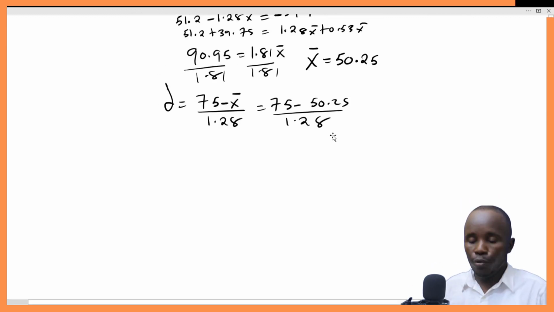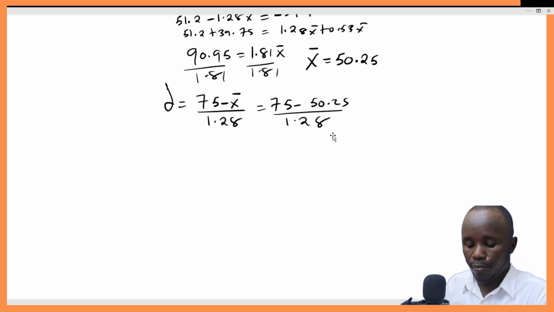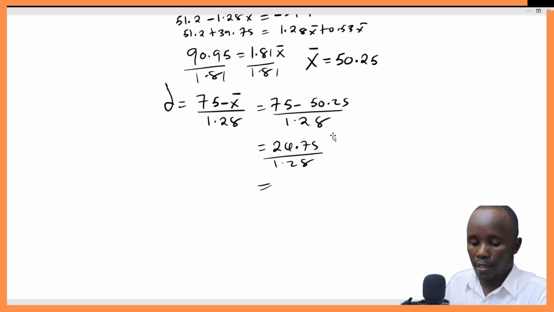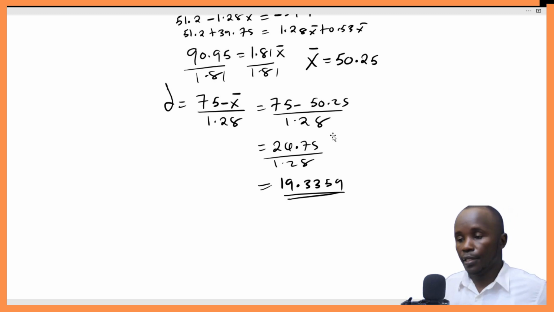Let me use my calculator. 75 minus 50.25 gives me 24.75, divided by 1.28. And you'll find that my standard deviation is 19.3359 to 4 decimal places.